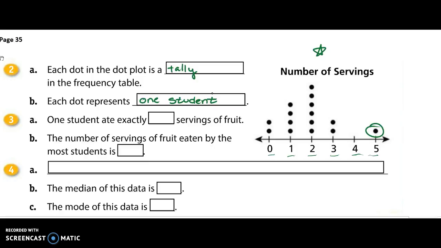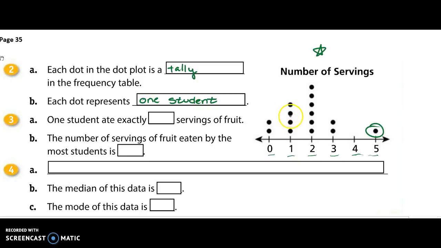So let's take a look. There was one student who ate exactly blank servings of fruit. One student and one student only who got that number of servings of fruit. So as I look around, I see that there were 2 students who had 0 servings of fruit. That's no good.